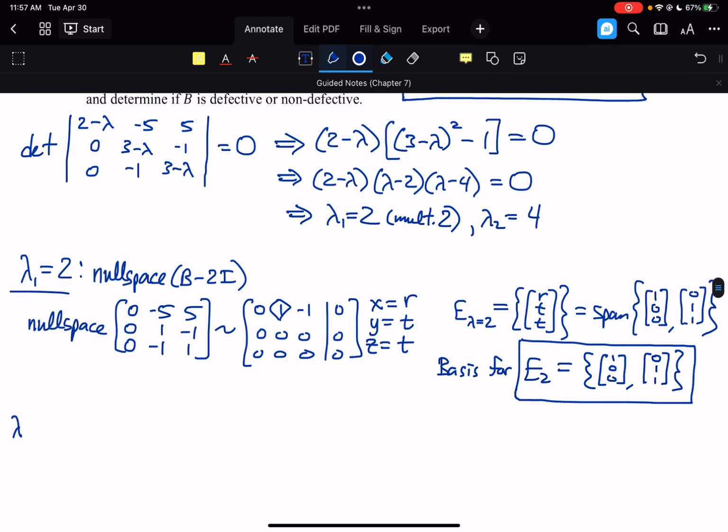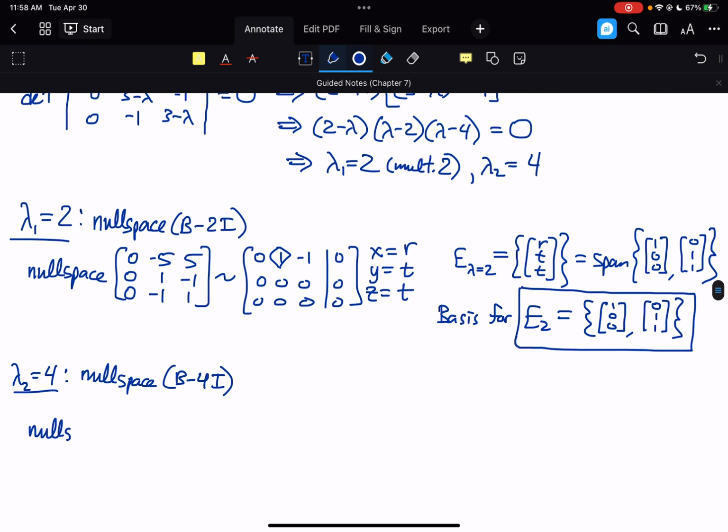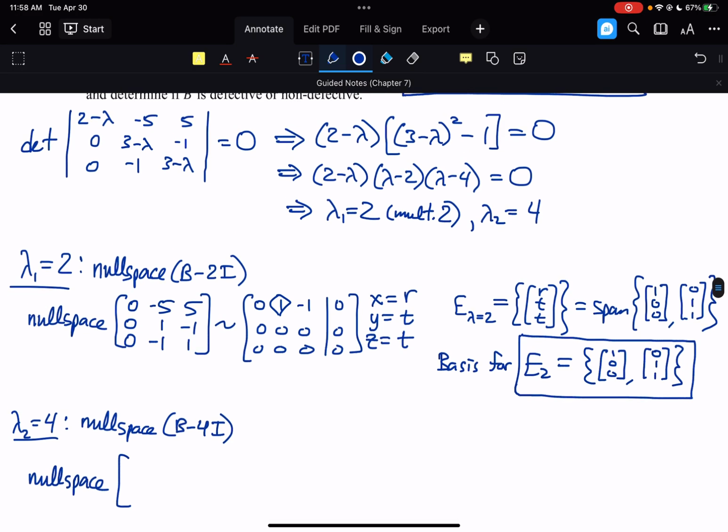And if we look at the other eigenvalue, that's the null space of B minus 4I. So we're subtracting off 4 from those main diagonal terms.